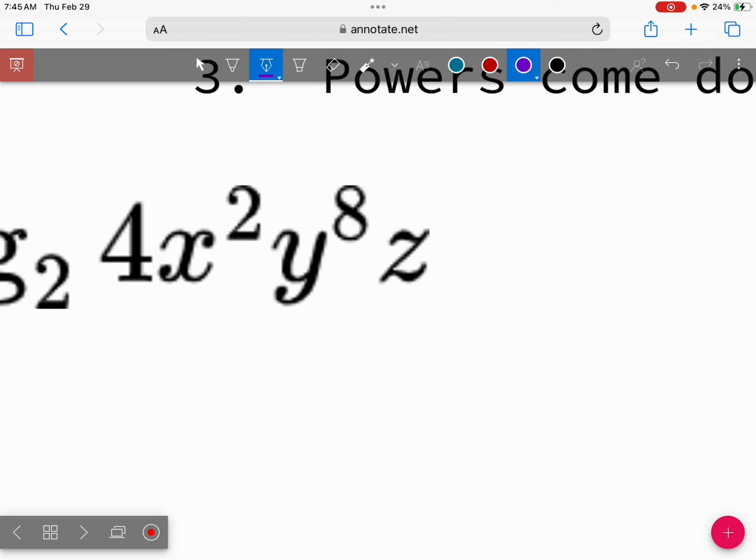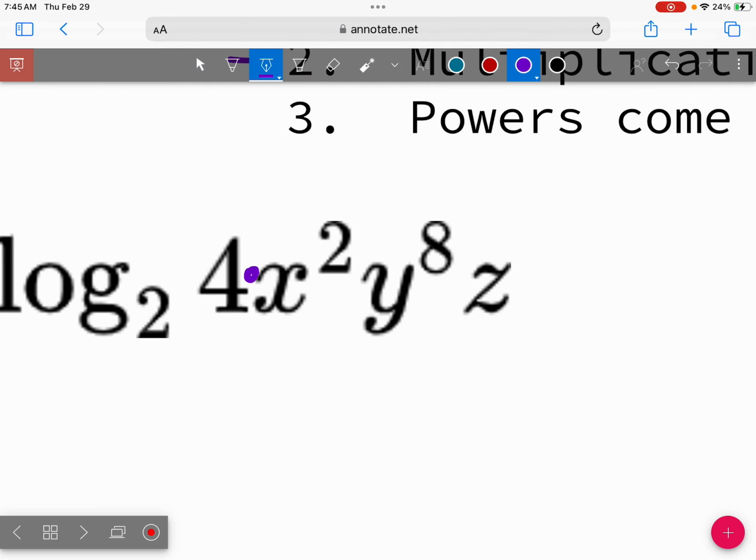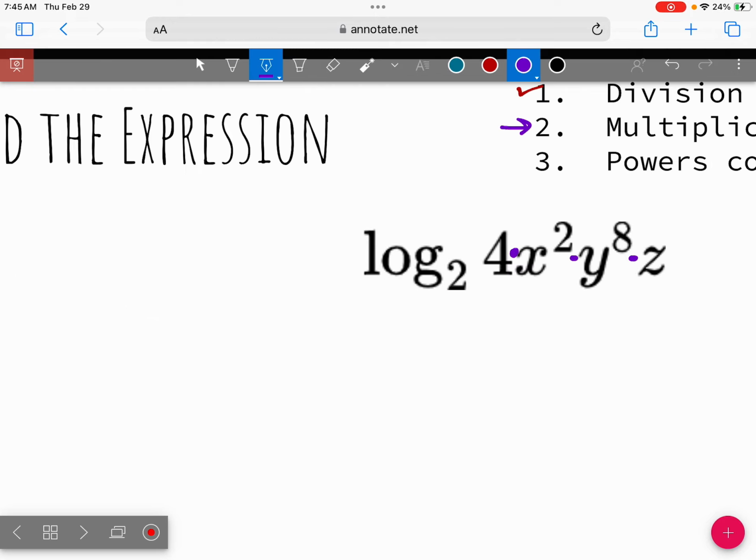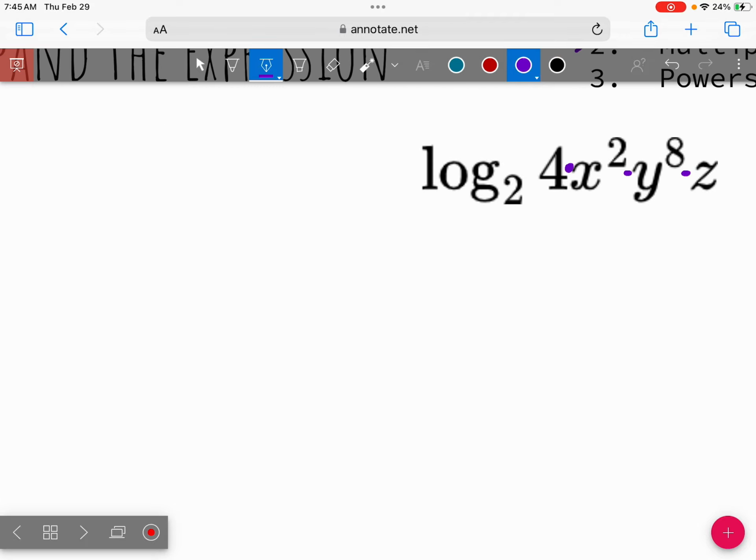Multiplication becomes addition is going to be our next thing. And I have multiplication here, and here, and here. So we're going to split this up, and we're going to wind up with 4 different logs because we have 4 terms here.